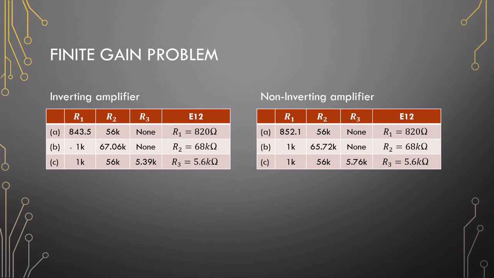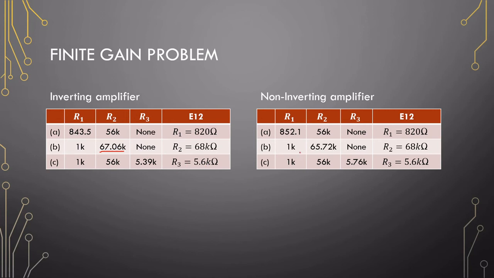For the second one, I calculated that the feedback resistor should be replaced with a 67k. So the closest is 68k. And the parallel combination, 1 kilo ohm in parallel with 5.4 kilo ohms. So I made that a 5.6k.